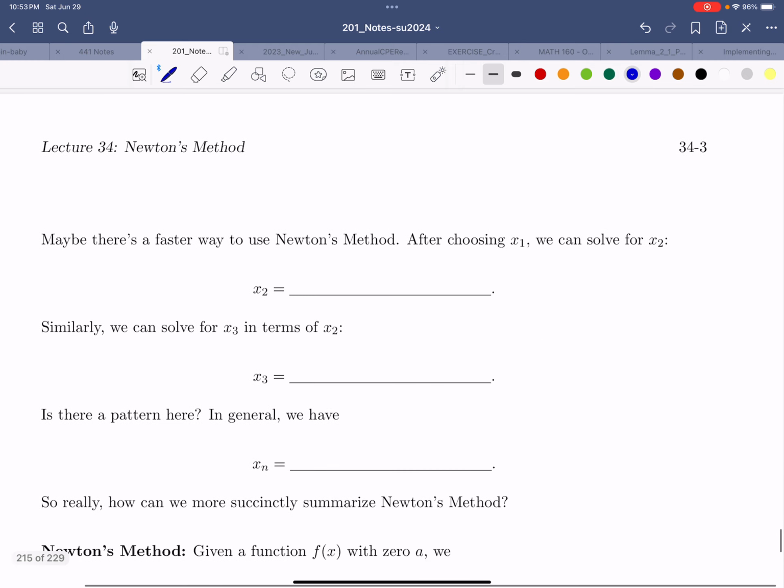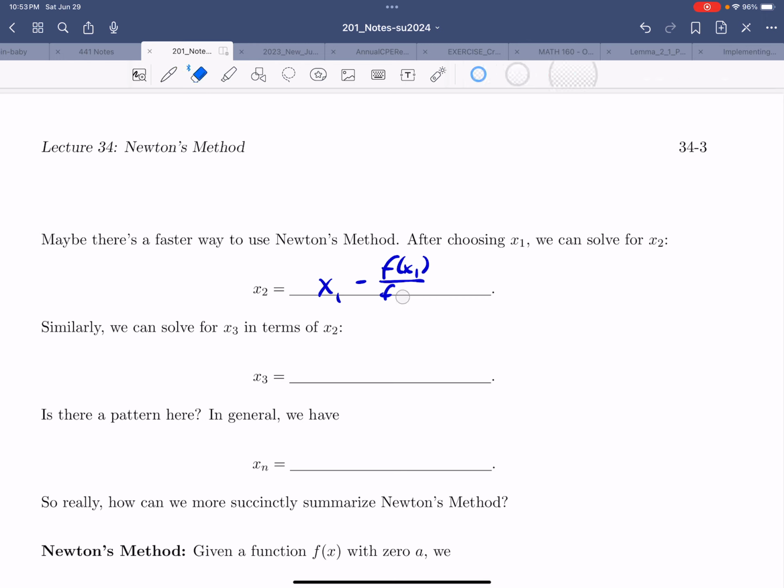Now, just to be clear, what we were doing was, instead of finding the linear approximation, setting it equal to 0, and solving for x2, I just straight up solved for x2 every single time. Then in this case, I just solve for x3.